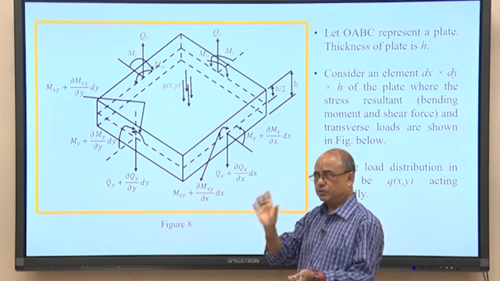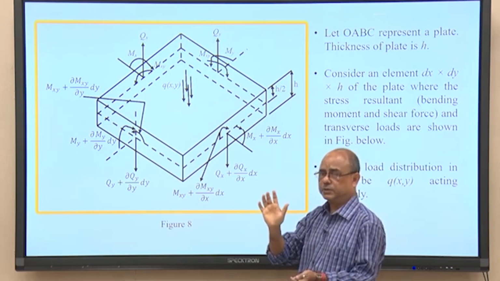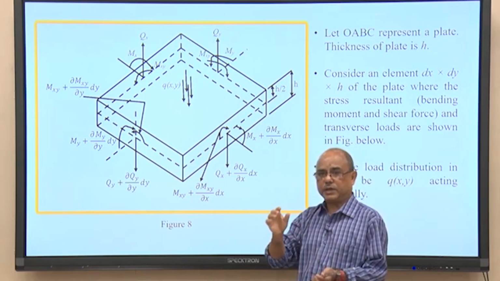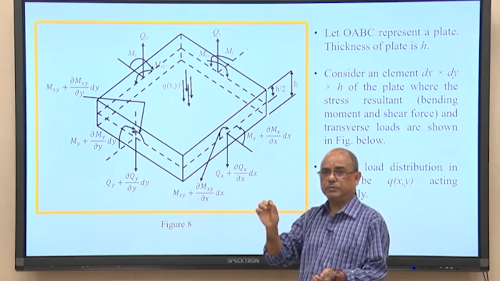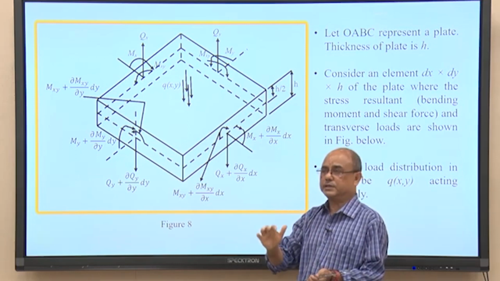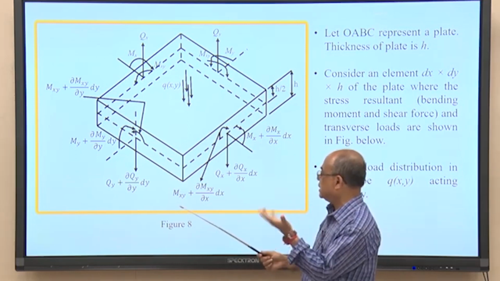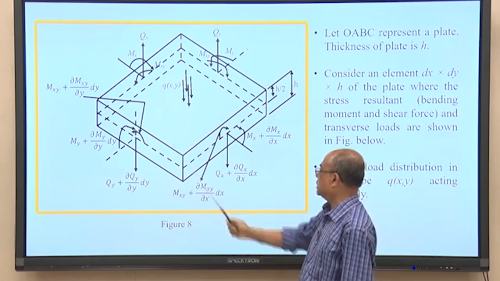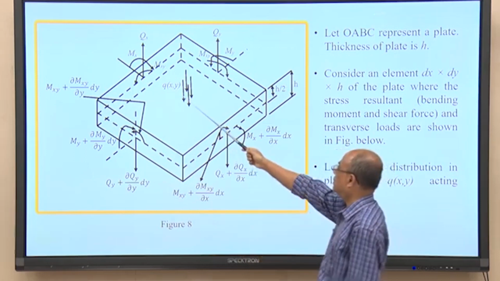About and along, two terms are used, you should distinguish between them. When we call the bending moment along the x direction, we denote it by mx, but this bending moment is actually the bending moment about the y axis. Similarly, the same meaning applies for my.